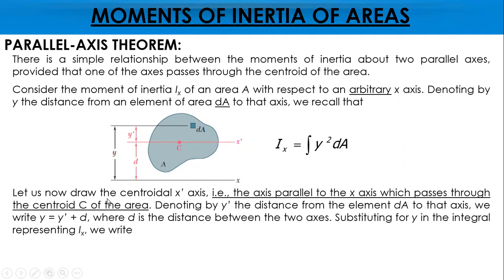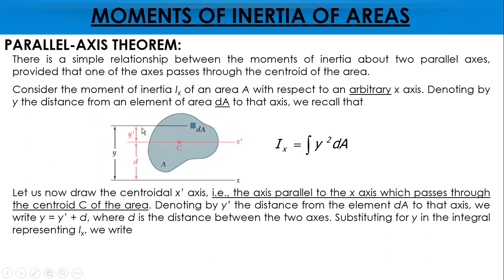Now, let us now draw the centroidal x prime axis, this one. So the centroidal x-axis is the axis parallel to the x-axis, which passes through the centroid C of the area.